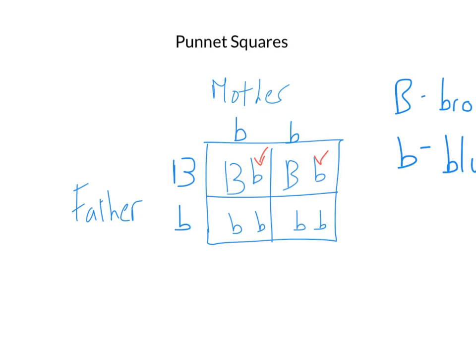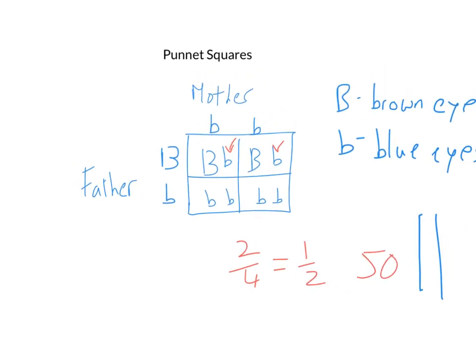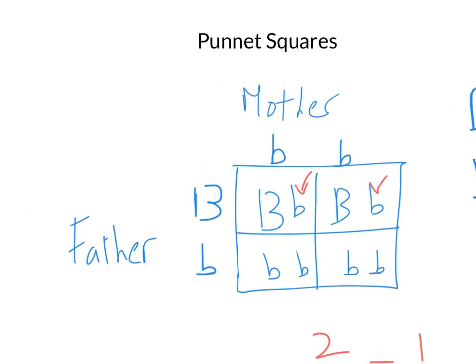If we were to look at them, we'd see brown eyes. So 2 out of 4, you could say is 1 out of 2, or a 50% chance that child is going to have brown eyes. Similarly, there's a 50% chance that child is going to have blue eyes. So that's Punnett squares explained really simply and quickly.